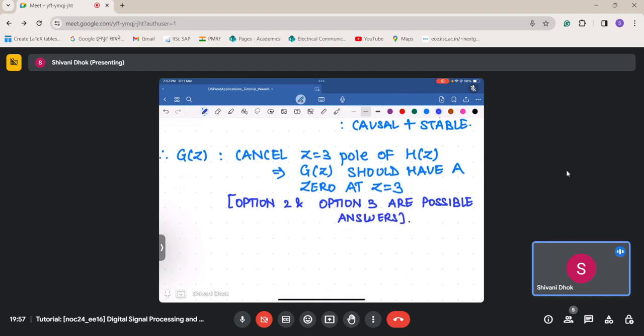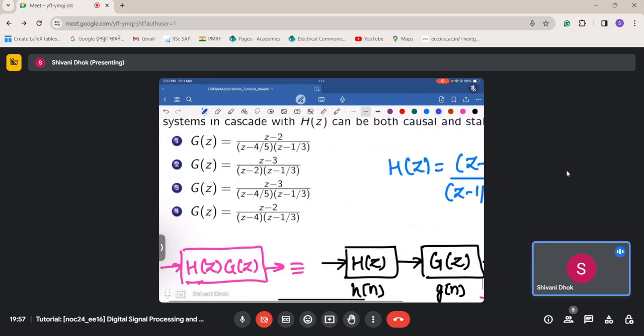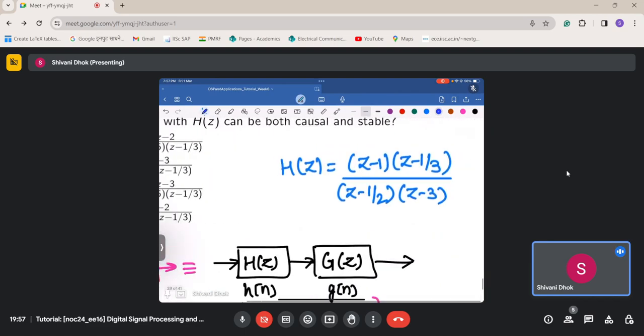These two options are cancelling out z equals 3, which is the troublesome pole here. Another thing that we need to take care of is that G(z) itself shouldn't add a troublesome pole. And what are the troublesome poles? The poles which are outside the region of convergence.